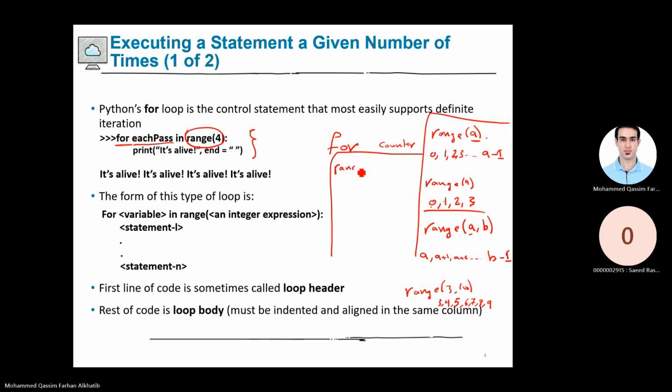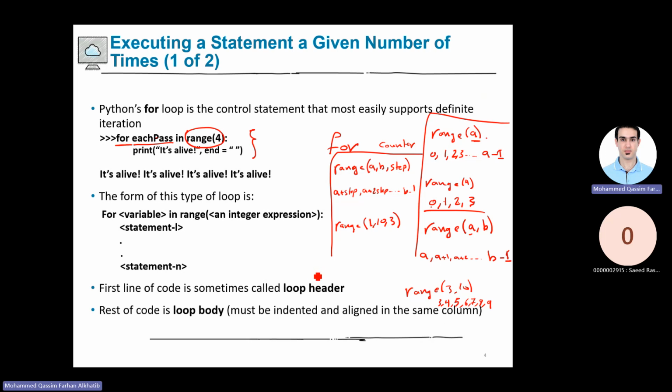Range, and I'll call it A, B, step. So this one, you have A plus step, A plus 2 step, all the way to B minus 1, or, let's say, the value that's right before reaching the end. For example, range(1, 10, 3).